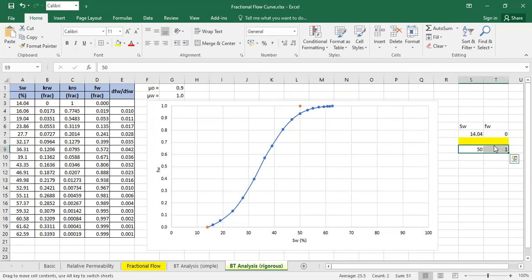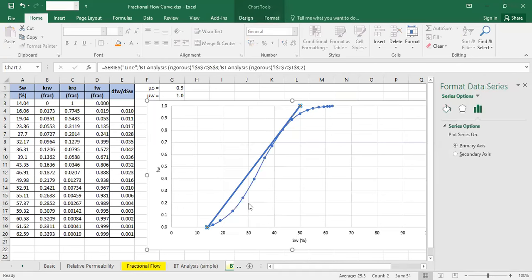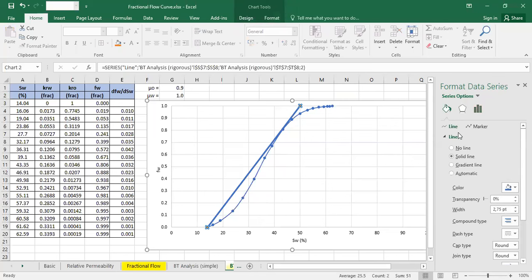Okay, so let's do it like this first. Okay, that's better. So let's make it red maybe.